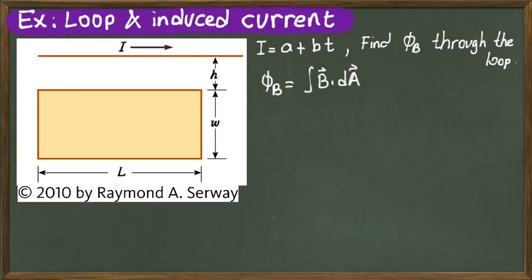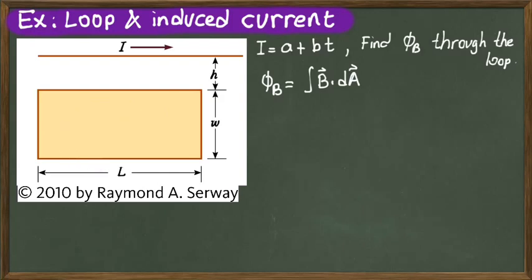If you have a changing magnetic field, okay, the flux is not just the strength of the magnetic field times the area, but instead of this, the flux is an integral. So this is the expression for the infinitesimal flux, and this is B dot dA. dA is the infinitesimal area element of this rectangle.